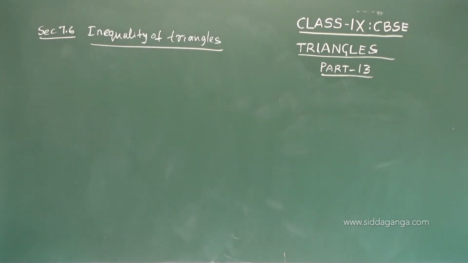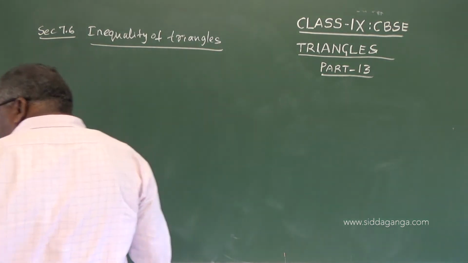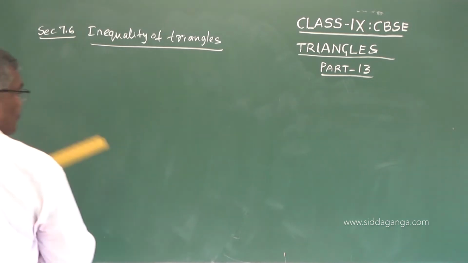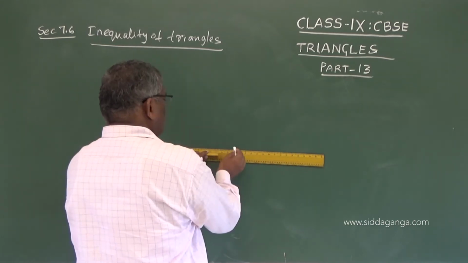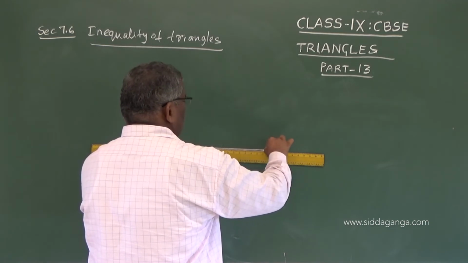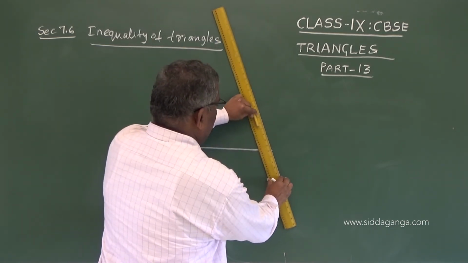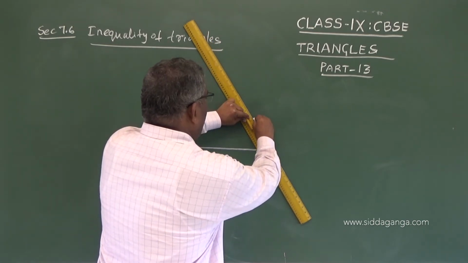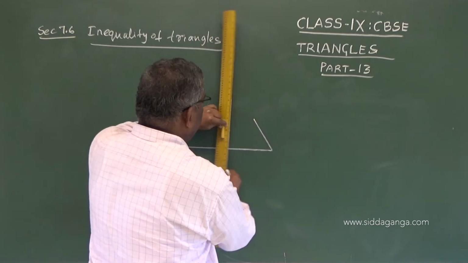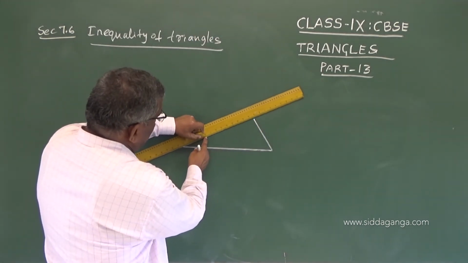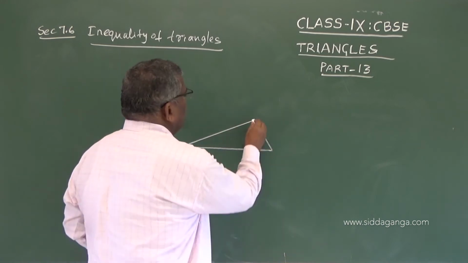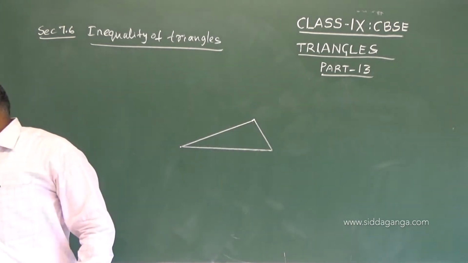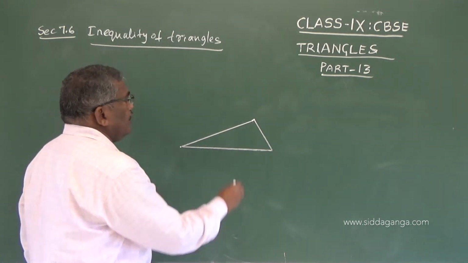Now you observe, say this is a triangle, so let us consider a triangle ABC.